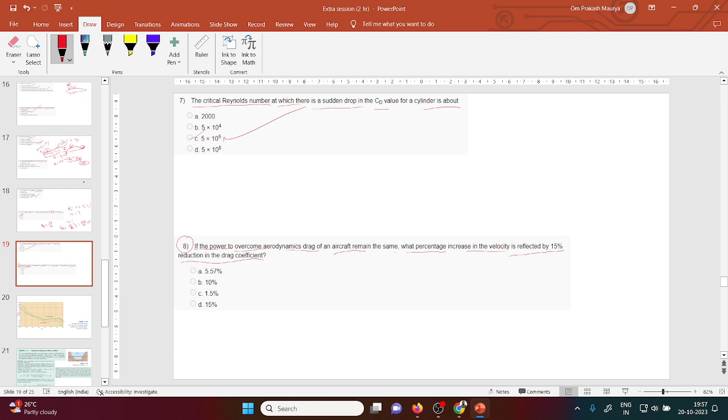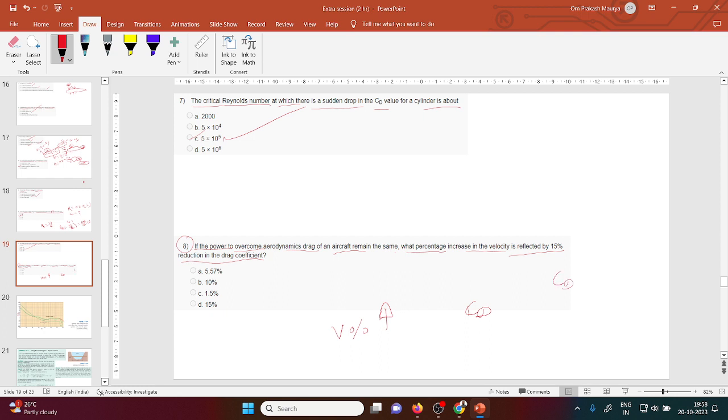Pradeep, are you getting this question? It will be good if you explain it. Actually, the question is asking what percentage increase in velocity is reflected by the 15% reduction in the drag coefficient.